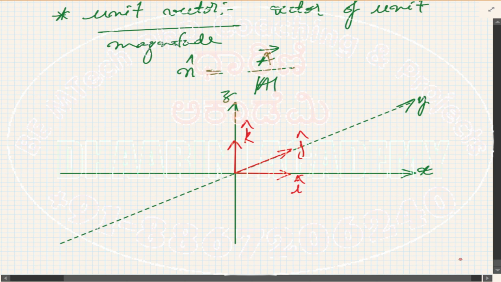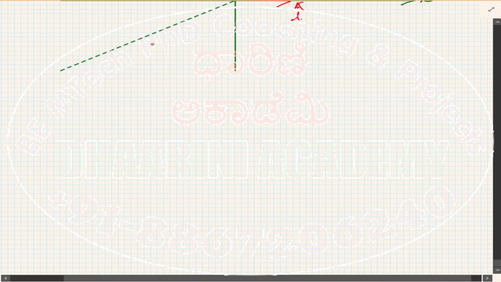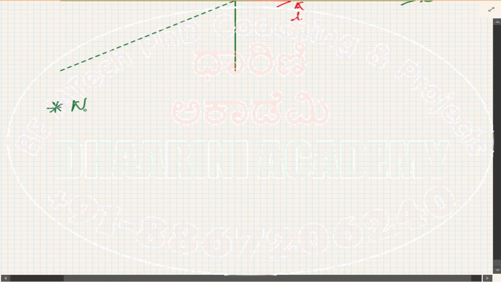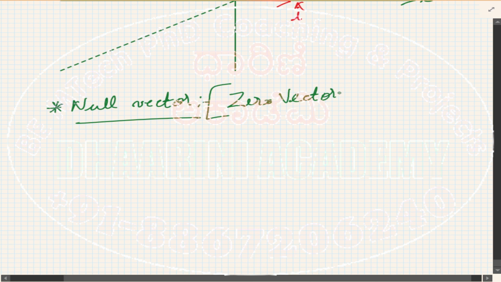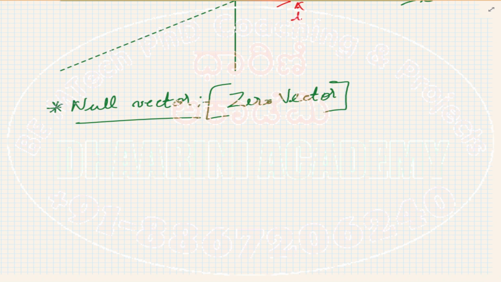Okay, right. After that, the next type of vector that we want to define is called a null vector. Null vector, it's also called a zero vector. So zero vector has no magnitude, right?